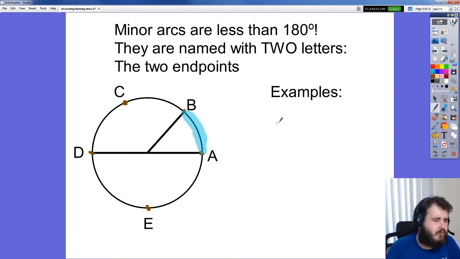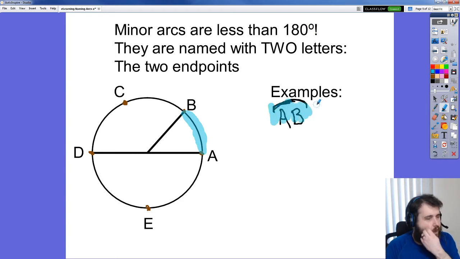But the way I would name this is I would call it by its two endpoints, A, B. And then, of course, since I don't want to get that confused with a straight line going from A to B, I'm going to put a little arc over the top. I'm going to make it a curved arc like that, with a little hat, curved. And that is arc AB in blue.